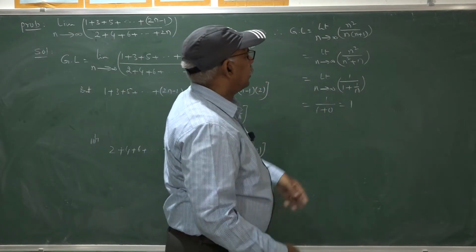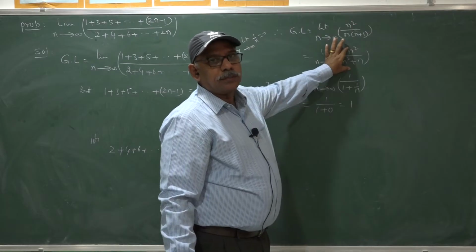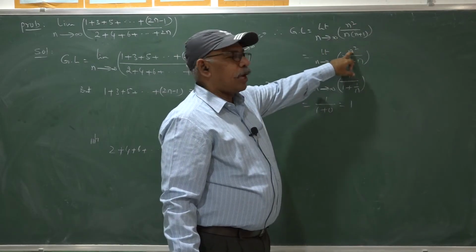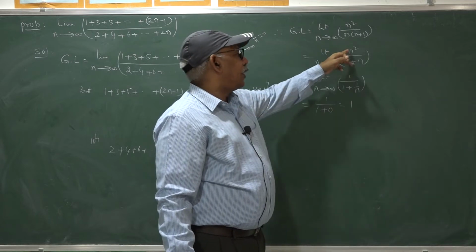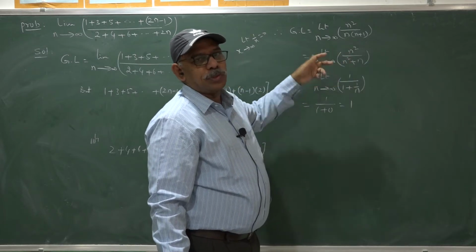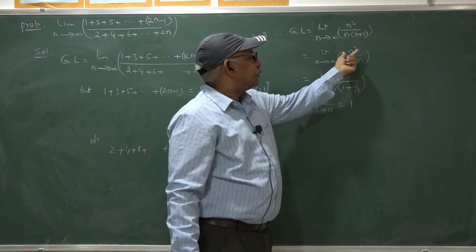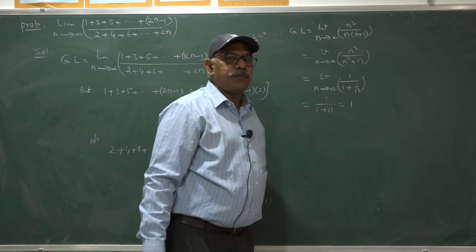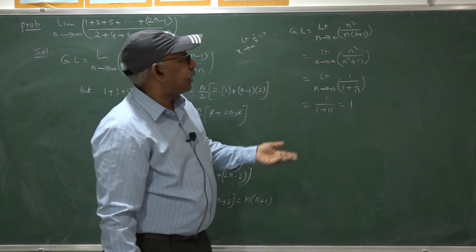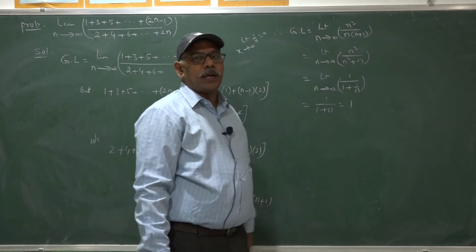Otherwise, this is a rational function, f of n by g of n as n goes to infinity, where the degree of f is the same as the degree of g. The degree of the numerator is the same as the degree of the denominator.